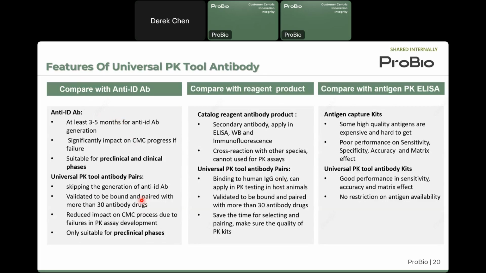However, given the fact that it recognizes all human IgG, it can only be used in animal-based PK studies, but not in clinical trial stage with human patient samples, because it cannot differentiate between the background human IgG in human serum versus the drug IgG in the serum samples.